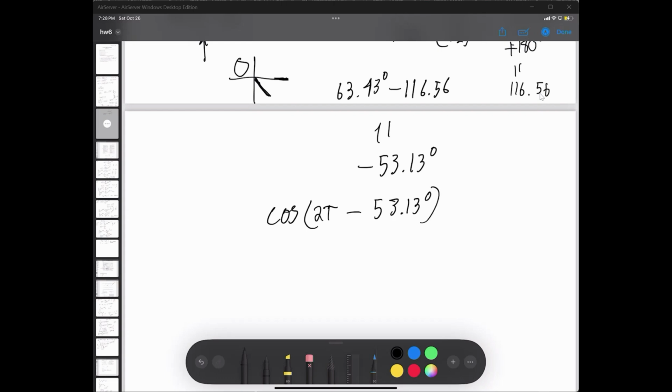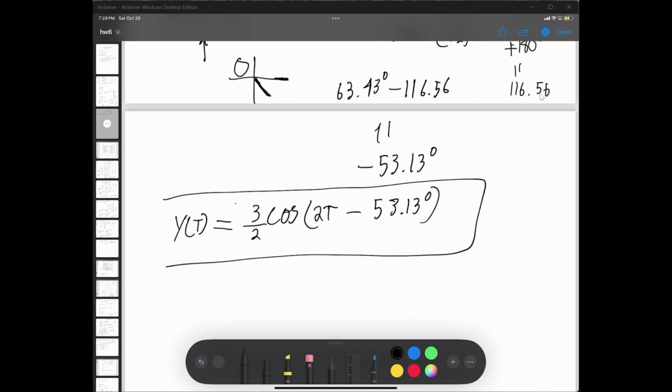And our amplitude was 3, but it gets multiplied by 1/2, which makes it 3 over 2. And this is equal to y of t. Voila. That is our answer.